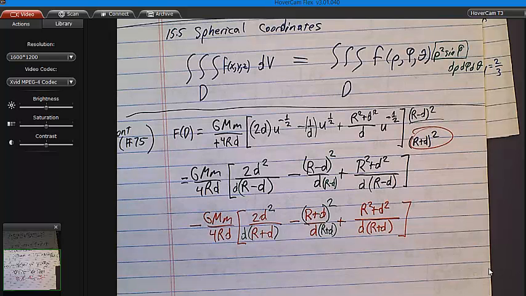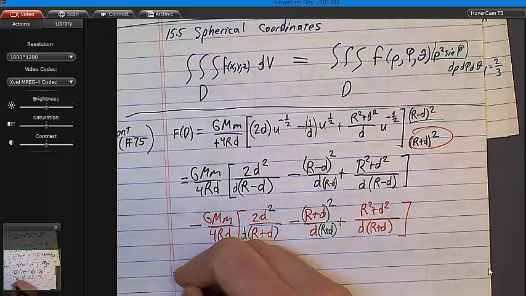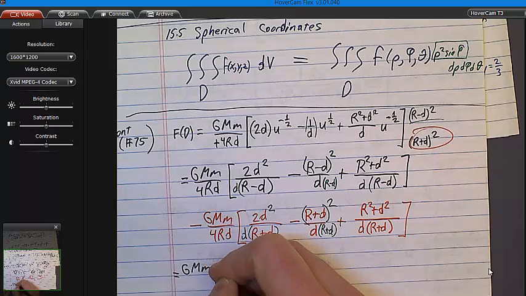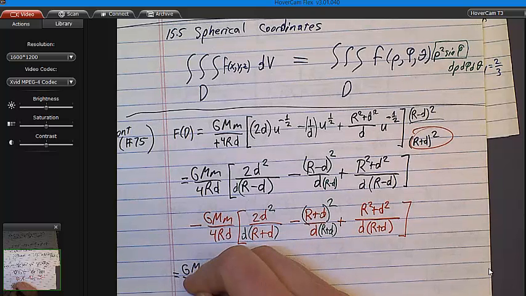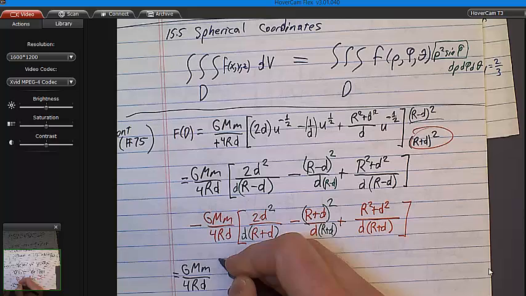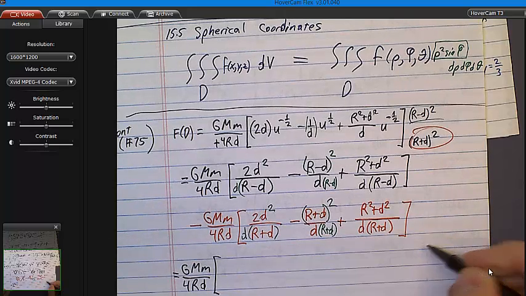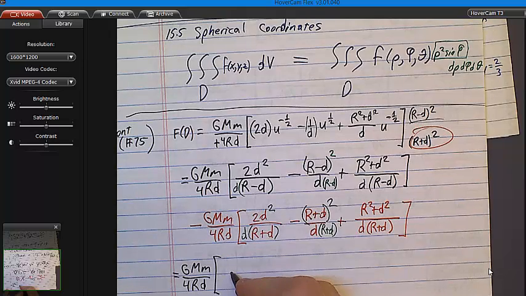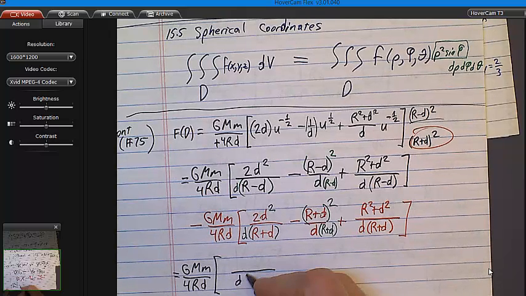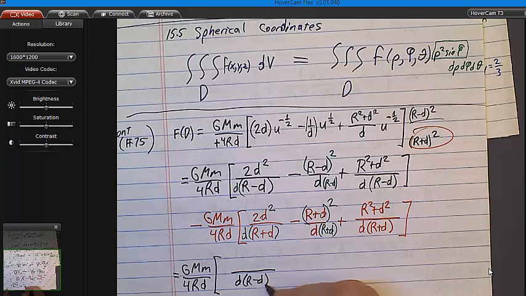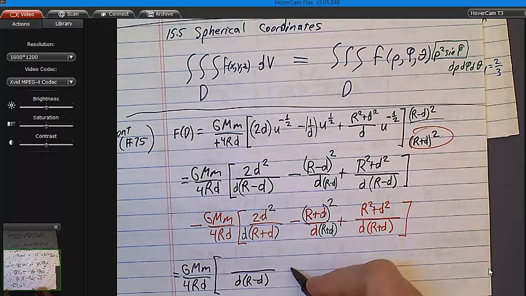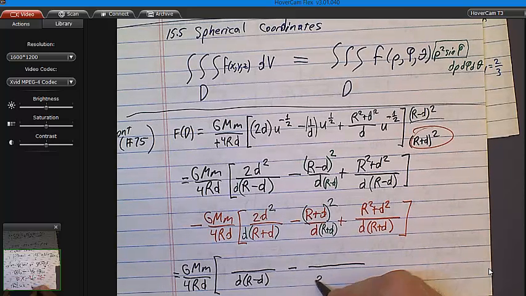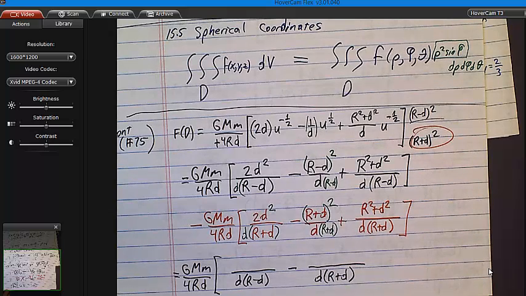I know I have this equals GMm over 4rd. I know that. Times stuff. And what I'm thinking is maybe we can write this as something over d times r minus d, and then we'll subtract something over d times r plus d, and then we'll see if there's anything else to do. You guys with me?